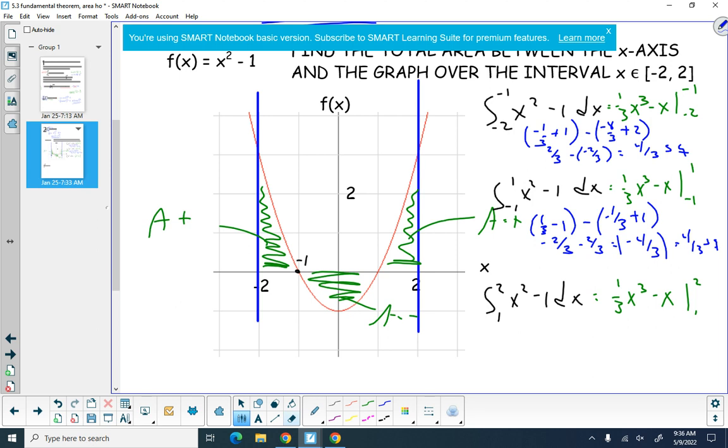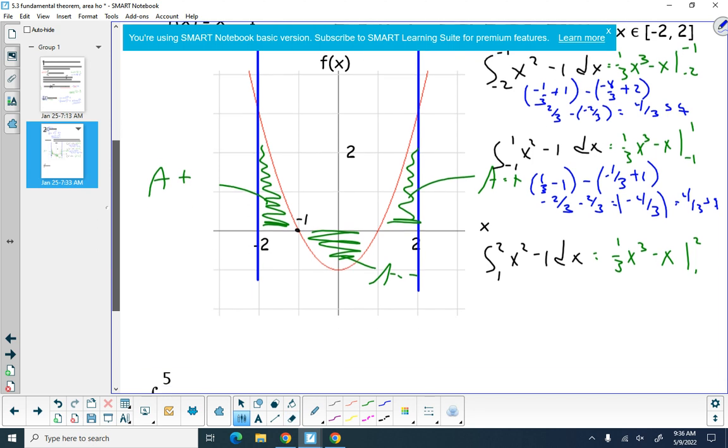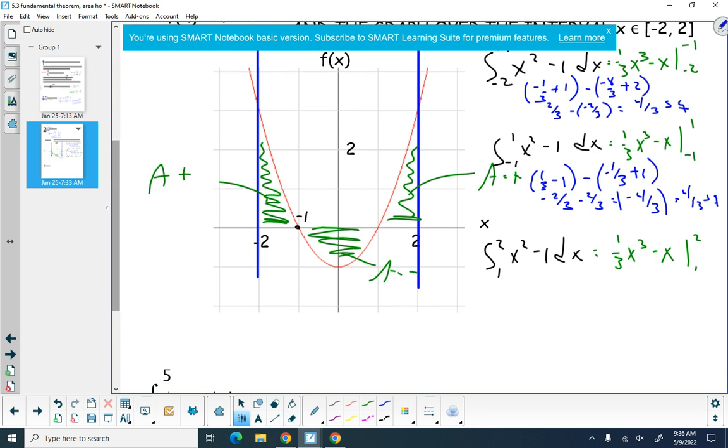And we can also look at the idea of symmetry. We'll probably get the exact same thing we did with the first one, but let's go ahead and go through the calculations. Evaluating at 2, we have 8/3 minus 2 minus, let's see here, we have 1/3 minus 1. So we have 2/3 minus a -2/3, which gives us a 4/3.